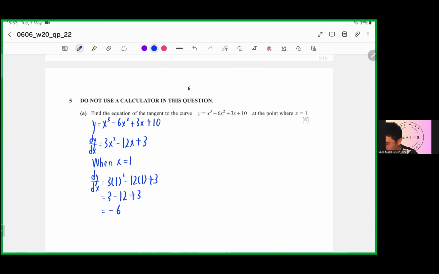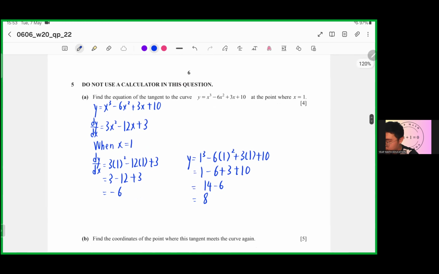Now we can find the y coordinate. 1 cubed minus 6 times 1 squared plus 3 times 1 plus 10, so 1 minus 6 plus 3 plus 10. I will get 14 minus 6, which equals 8.